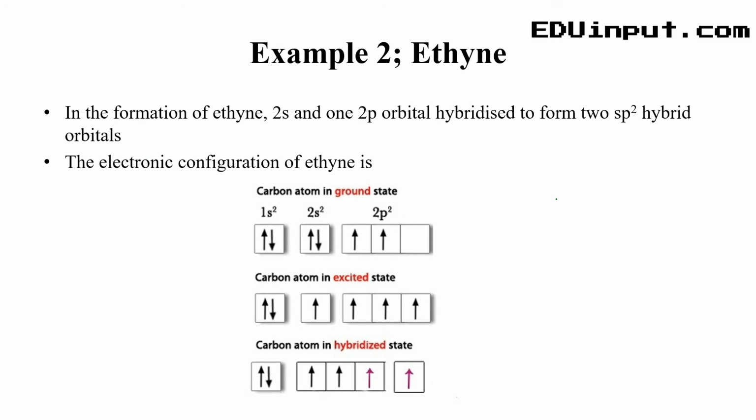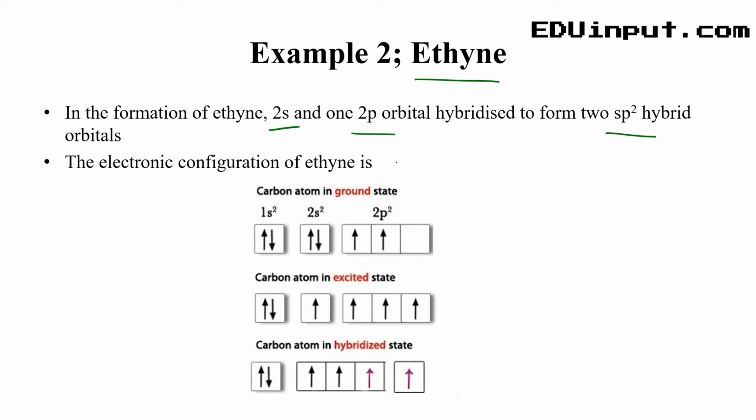Now we take another example that is much more related to organic chemistry, as we are going to discuss sp hybridization in ethyne, which has triple bonded carbon atoms. In the formation of ethyne, one s and one p orbital are hybridized to form two sp hybrid orbitals.